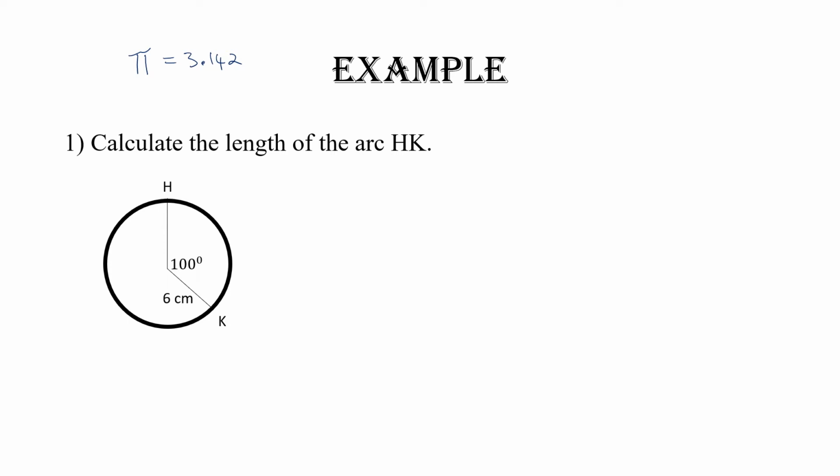Right. So here we have length. HK here will be equal to theta over 360 multiplied by 2 pi r, where theta here is equal to 100 degrees.